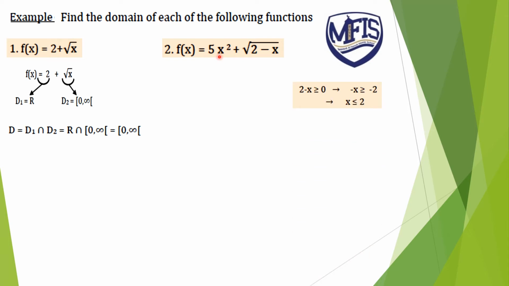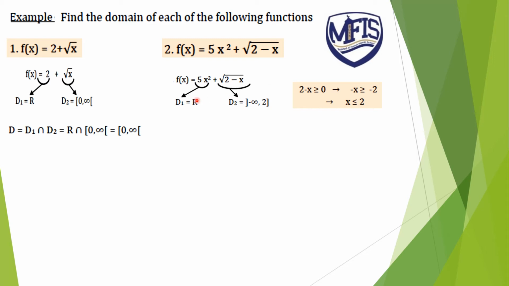And for root 2 minus x, to get its domain, we take 2 minus x greater than or equal to 0. So negative x is greater than or equal to negative 2. Dividing both sides by negative, we get x smaller than or equal to 2. So the domain of this function is from negative infinity to 2.